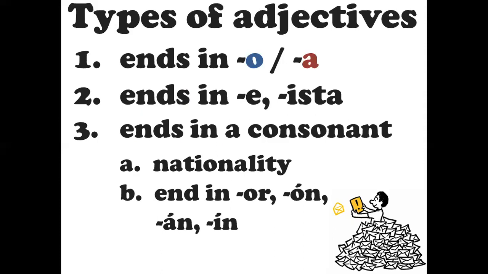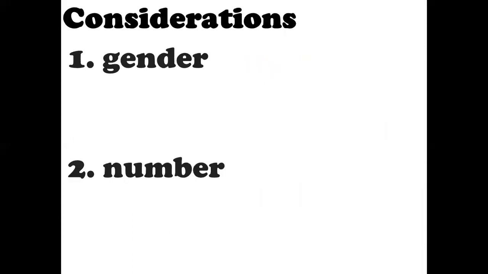E or ista in Spanish. 3, they end in a consonant, all right? So the third type ends in a consonant. There are 2 subsets in this one. If it ends in a consonant, it follows one type of rule. But if it's a nationality, that's an exception. Or if it ends in or, on, an, or in, it's also an exception. So we'll go through those as well.